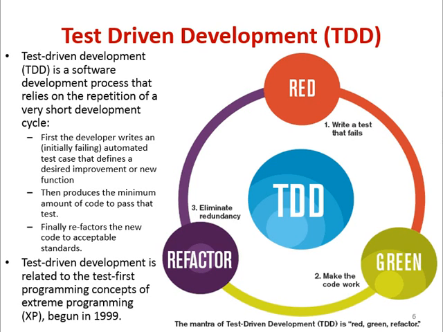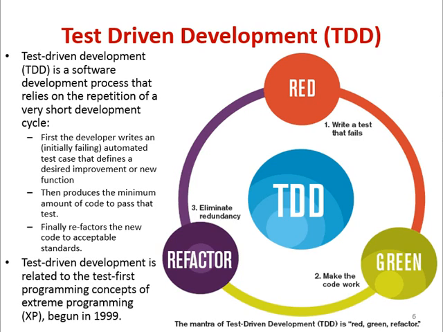So kind of limited code. And finally, the third stage is to eliminate redundancy, which is refactoring. You can see it as a colored image: red for write a test case that fails, then make the code work, which is green, then refactor, which is removing redundancy, maybe purple or any other color. So these are the prime driving factors for TDD, which is test-driven development.